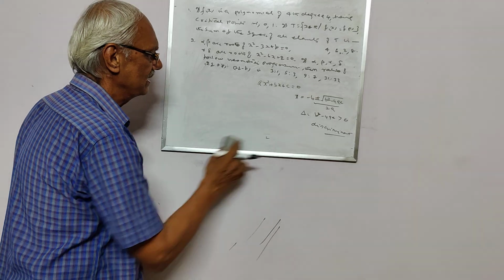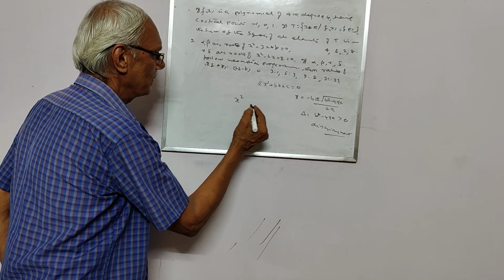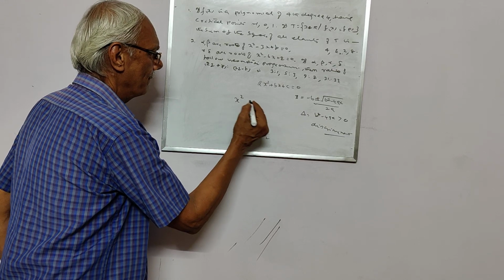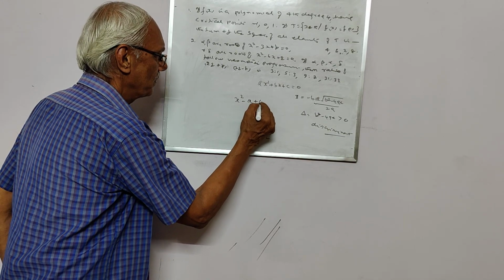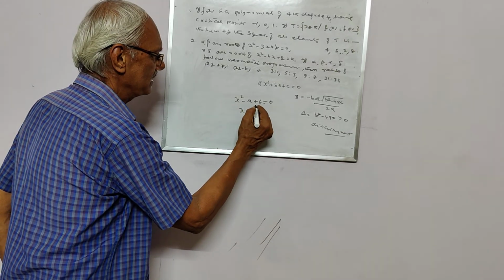Just take this, for example, x squared minus x minus 6 is equal to 0. So this can be written as x minus 3 into x plus 2.